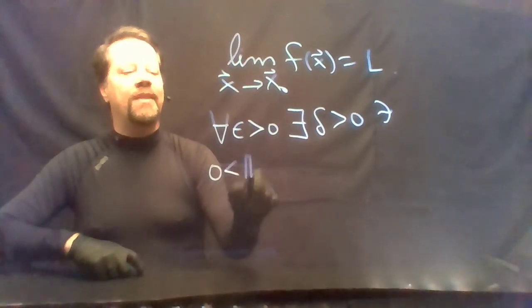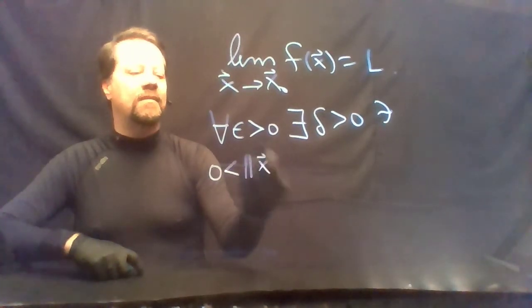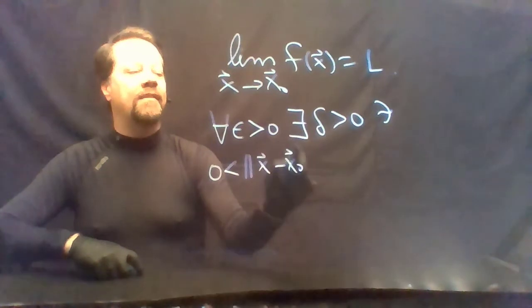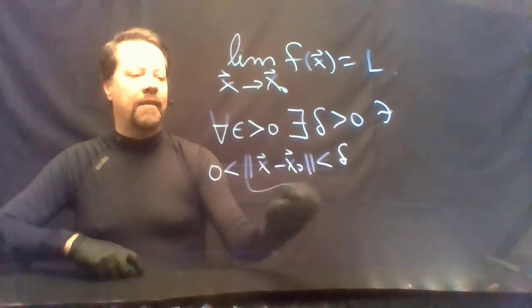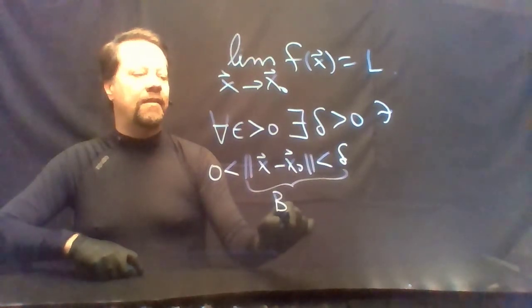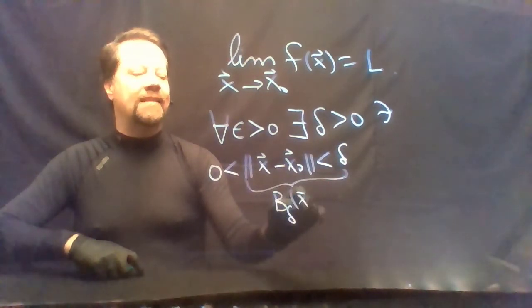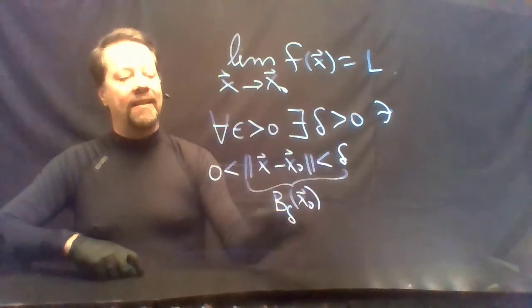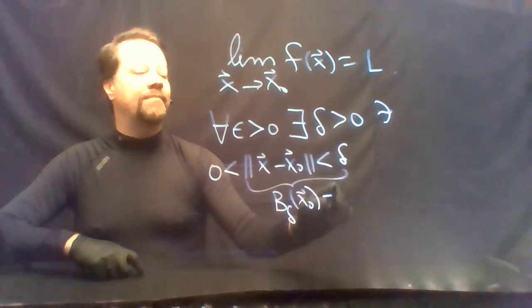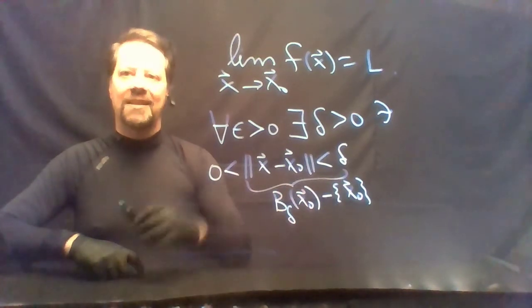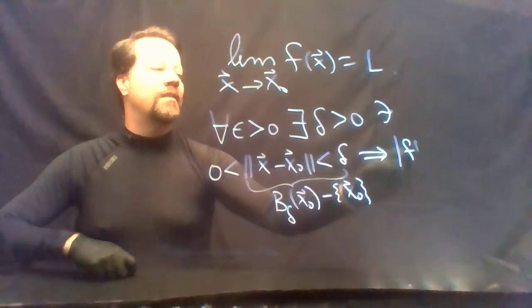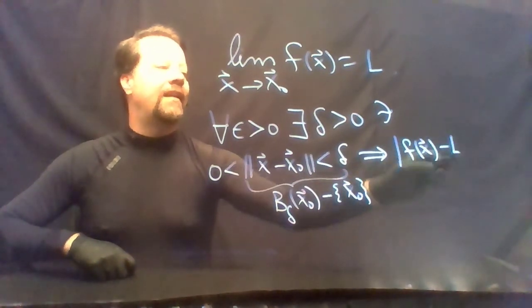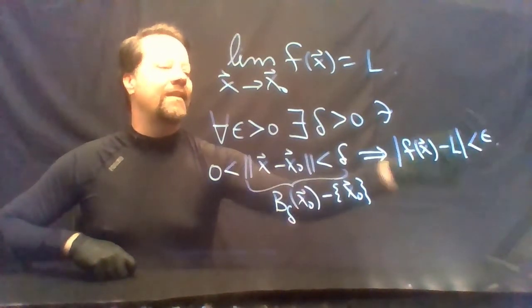So you want to be within some ball in the domain no bigger than radius delta. This is the ball of radius delta centered at x naught. But we're excluding the point x naught because of this. This implies that the distance between f of x and L will be smaller than epsilon.